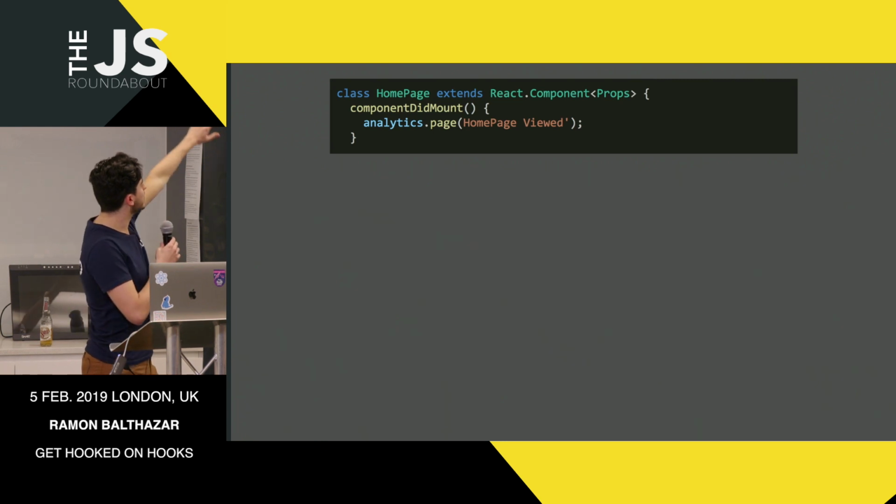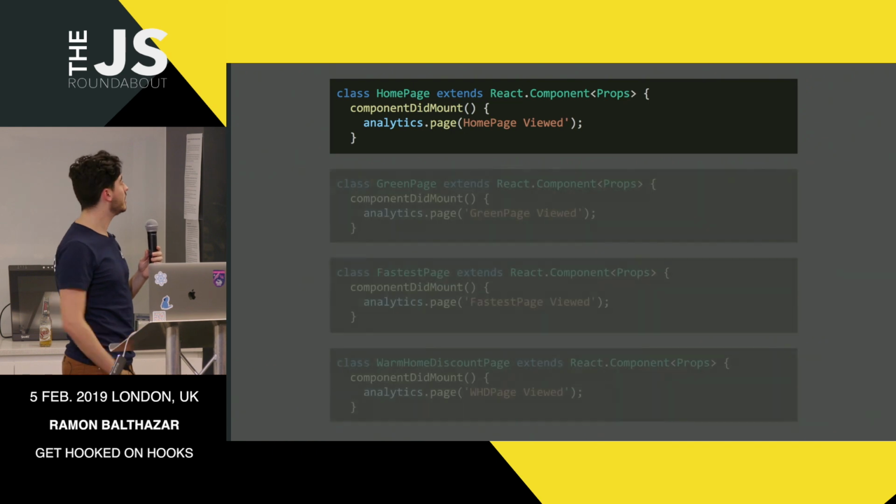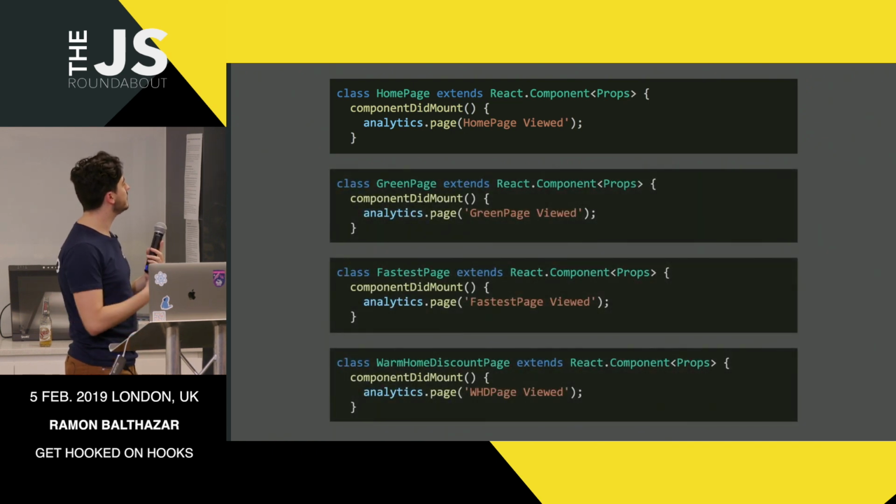So these components are very simple. They didn't need to be a class, except for the analytics. And we got a bunch of them. What if there was a way we could reuse it, so we could have function components with those functionalities without having the lifecycle methods?